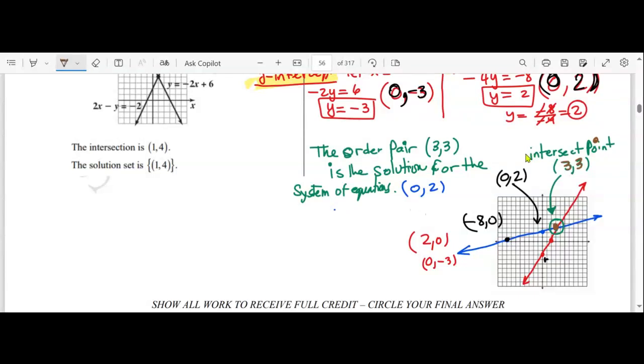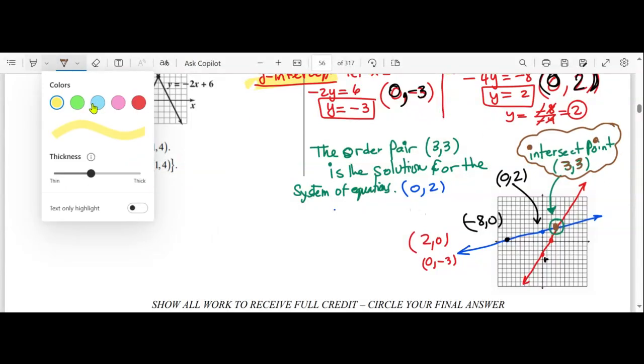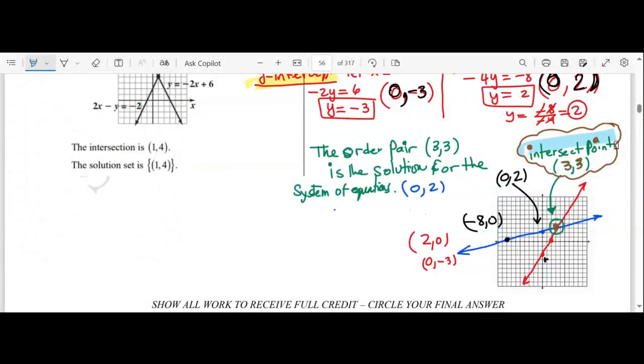Is that clear? Yes. Easy as easy? Please copy this if you have the booklet. Move on.